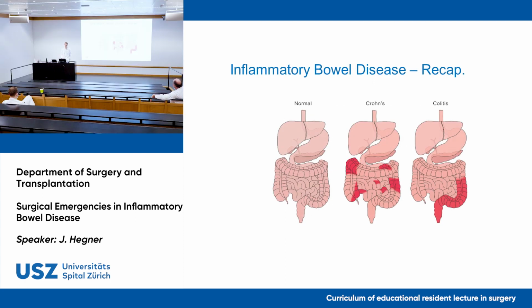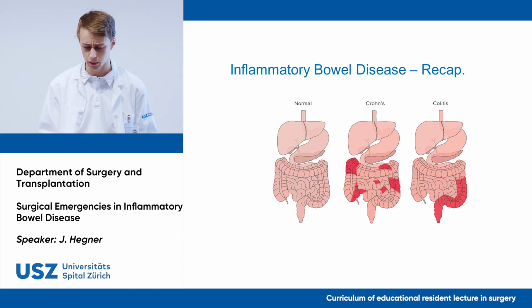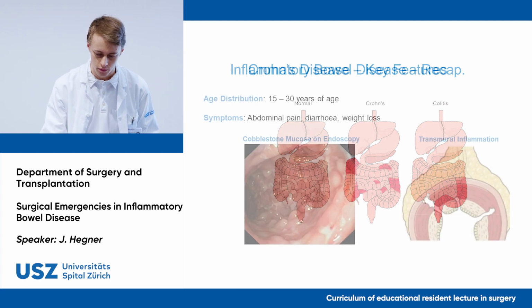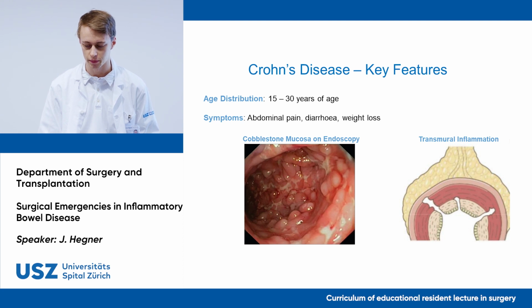Now, inflammatory bowel disease consists of Crohn's and ulcerative colitis. Generally speaking, Crohn's disease will affect any part of the GI tract from mouth to anus, whereas ulcerative colitis is limited to the large bowel. So starting with Crohn's, it is an inflammatory condition, initially presenting in patients aged 15 to 30 years.